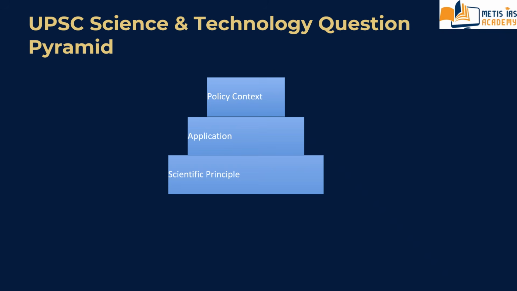UPSC usually combines two or sometimes all three of these layers in the same question. Those students who memorize only definitions usually struggle with these types of questions. But UPSC is asking again and again about application, scientific principle, and policy context, blended together in the questions nowadays.